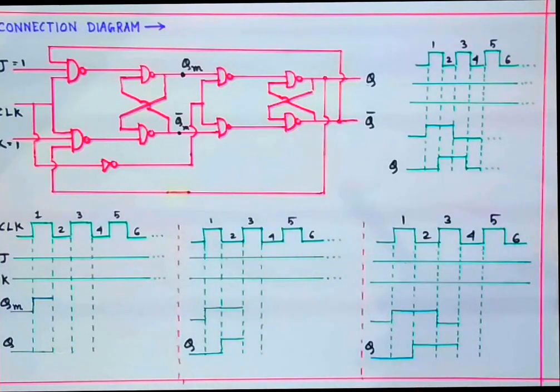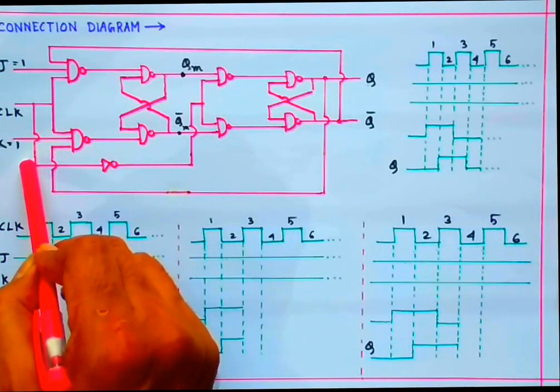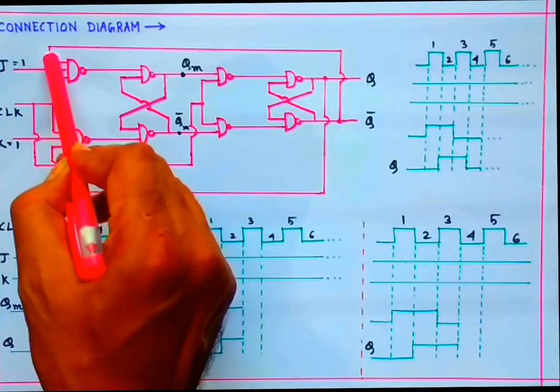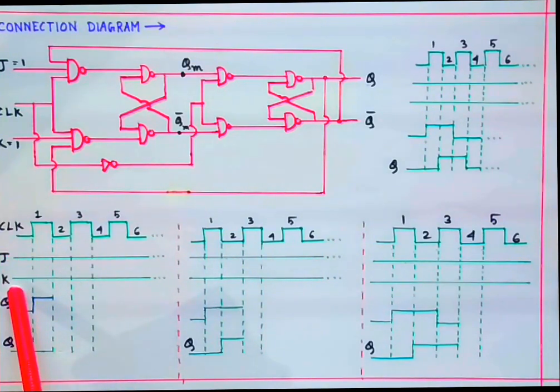During this whole operation, we will apply 1 and 1 to both the J and K inputs. That's why J is set to 1 and K is set to 1 always. You can see in these 4 stages, J and K are always set to 1.